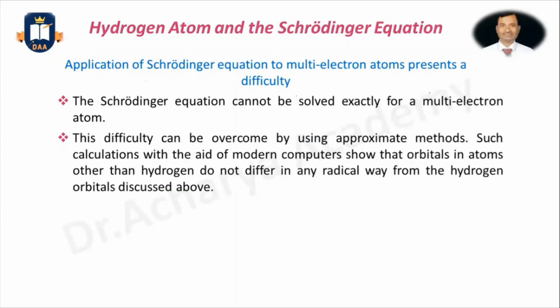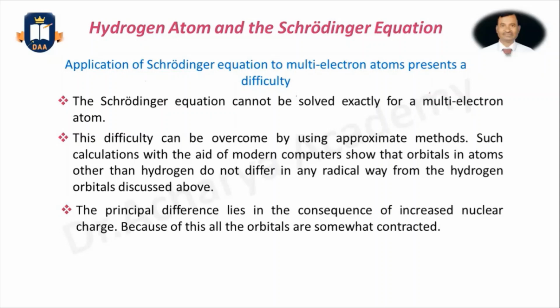This difficulty can be overcome by using approximate methods. Such calculations with the aid of modern computers show that orbitals in atoms other than hydrogen do not differ in any radical way from the hydrogen orbitals, as I discussed now.